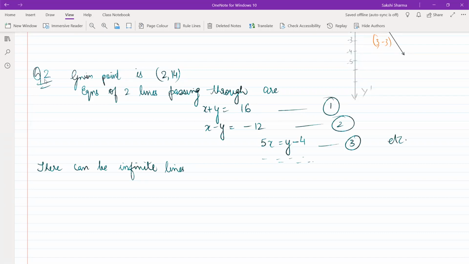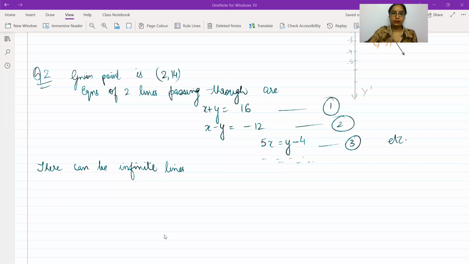Now, the reason that I have given to you is, speaking algebraically, there can be infinite combinations of the variables x and y, for which if we use this pair of values, the equation will be satisfied. In general, अगर हम geometrically बात करें, simply बात करें, you have been given 1 point and you are aware अगर आपके पास एक point हो उसमें से आप कितनी lines draw कर सकते हो.